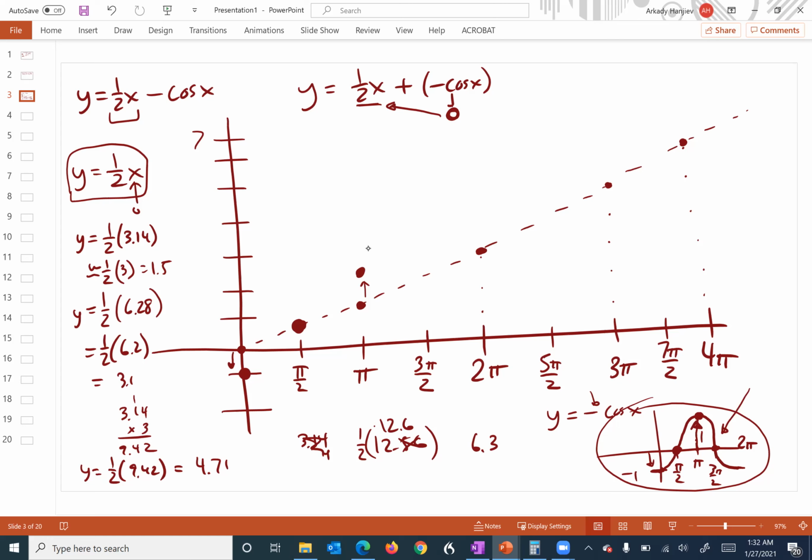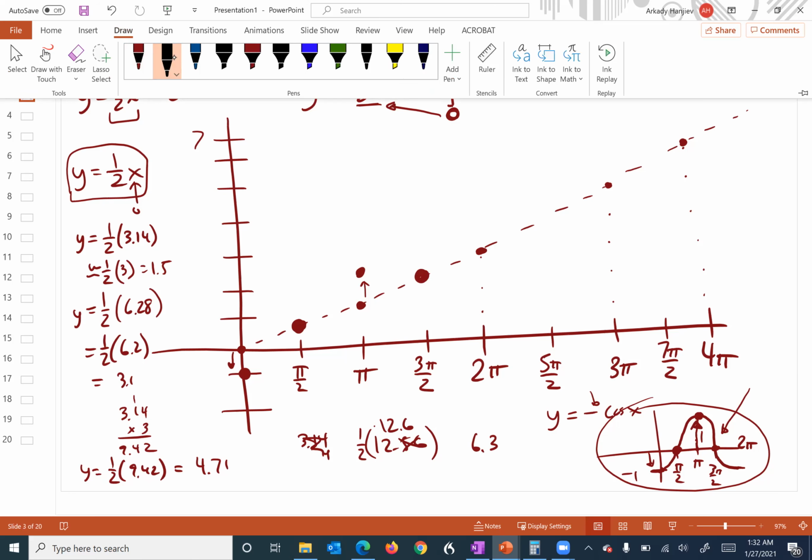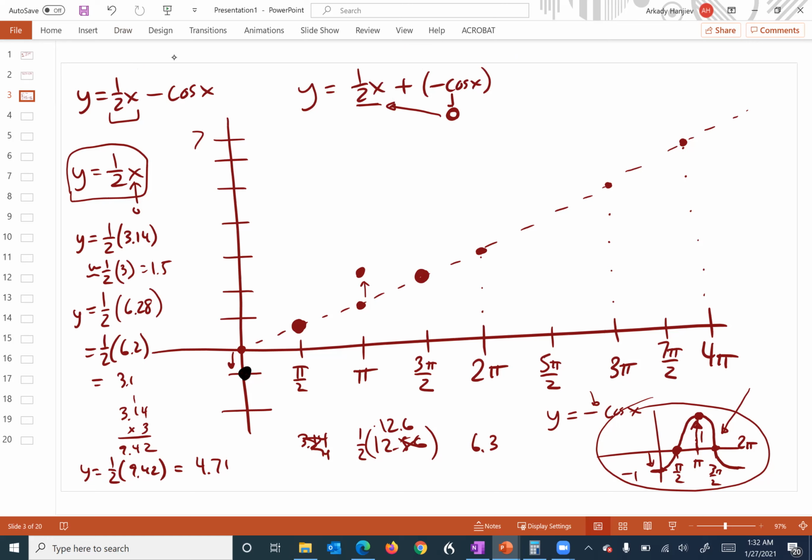It's doing nothing, right? It's 0 at that point, so we have our little dot. I should make these into a different color. Let me make, there you go, that'll be cool. So I'll put my black dots here. So that one, that one, that one's my final graph there.